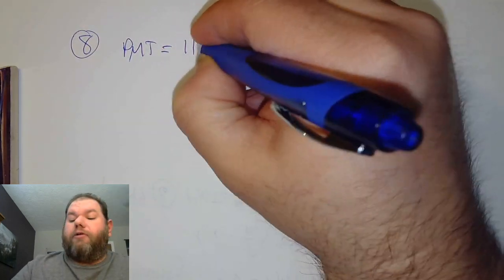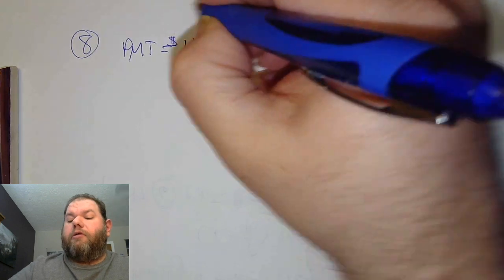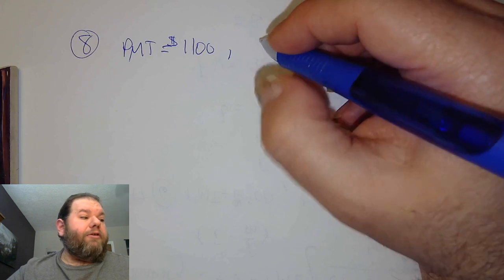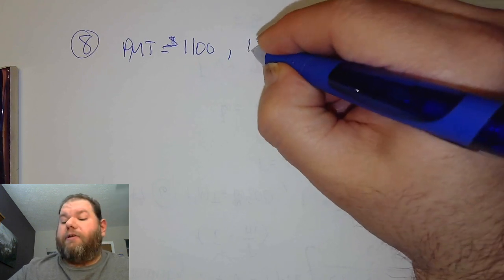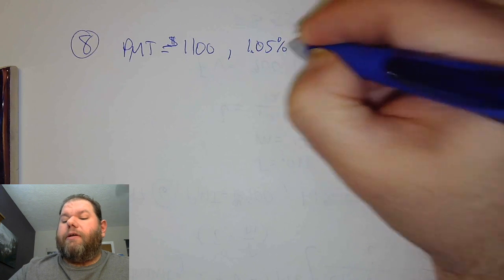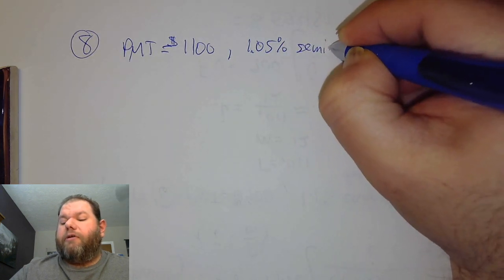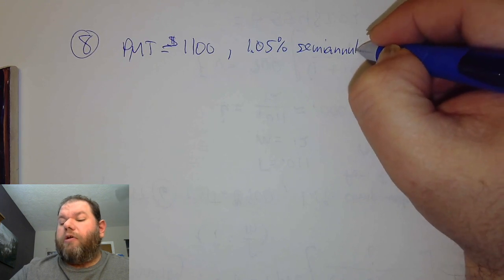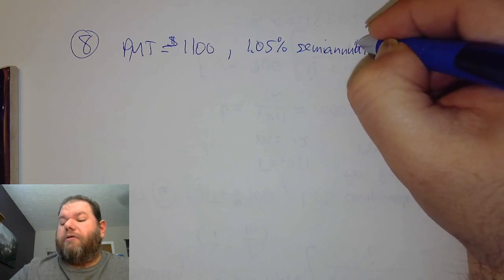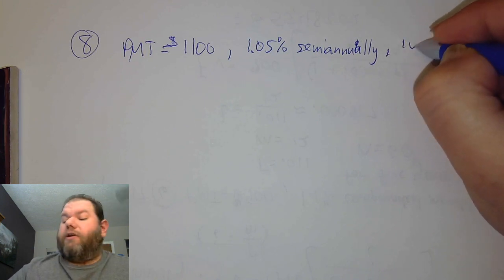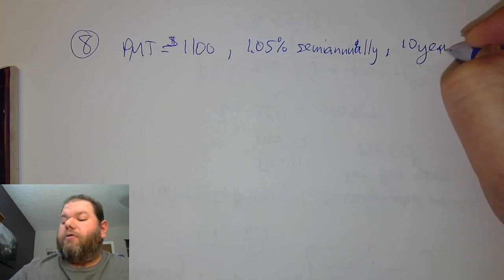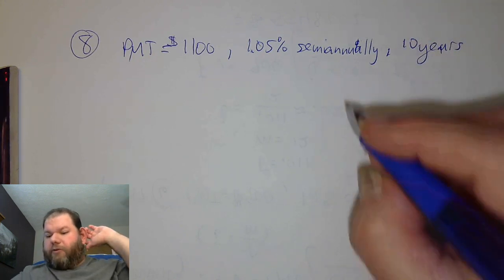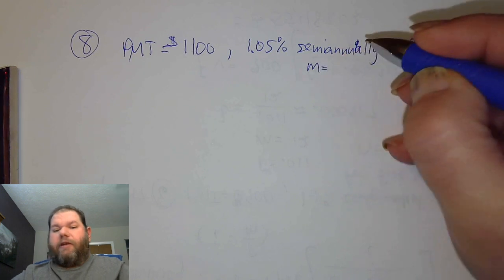Payment is $1,100, and it's made in an account that earns 1.05% semi-annually for 10 years. Okay. Semi-annually means how many times per year?